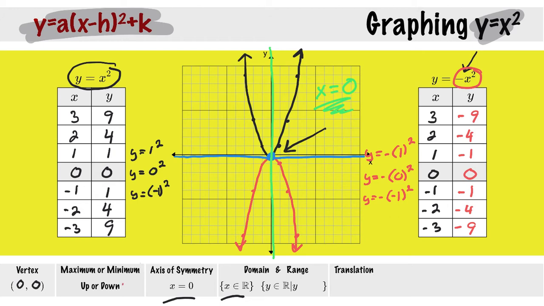So in this case, it opens down, which means that our vertex is at the very top or the maximum value. y is equal to or less than 0. And the translation is that it's reflected over the x-axis.